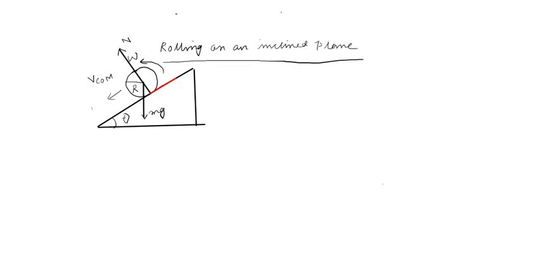And there will be a force along the plane downward because of its inclination, given as mg sin theta, where theta is the angle of inclination.